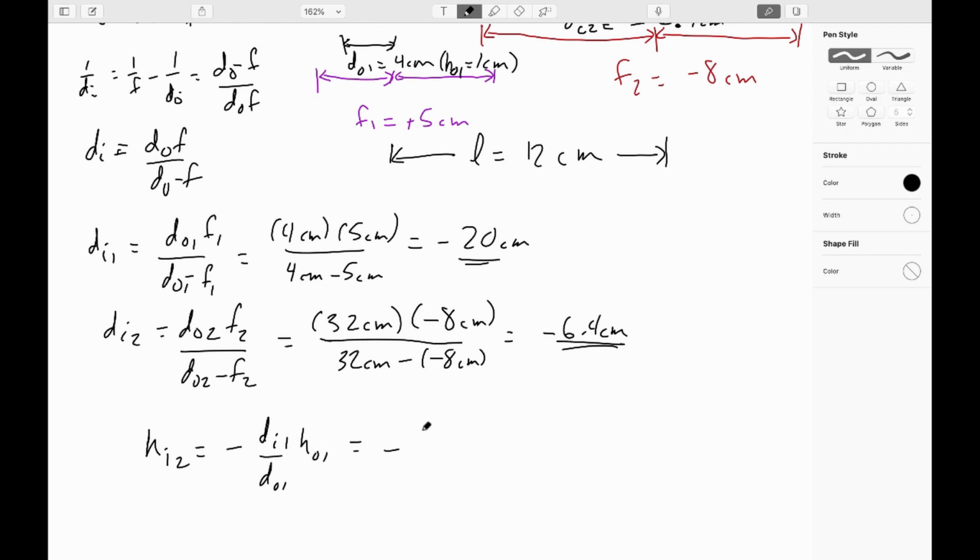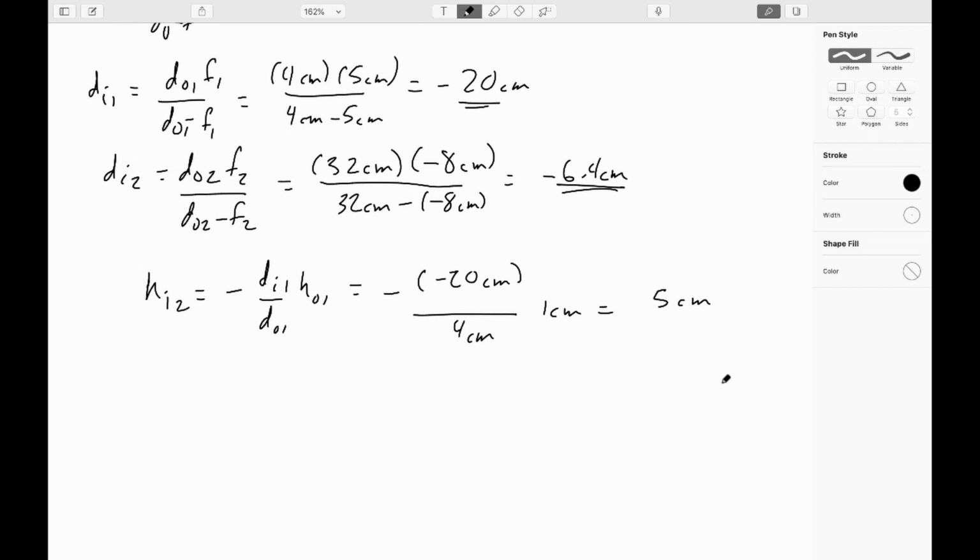So this will be minus a negative 20 centimeters over the object distance, which was 4 centimeters, times 1 centimeter. So we get that our intermediate image is 5 centimeters high. And it's positive, so it tells us it's upright. But, I'm sorry, that's HI1 there.